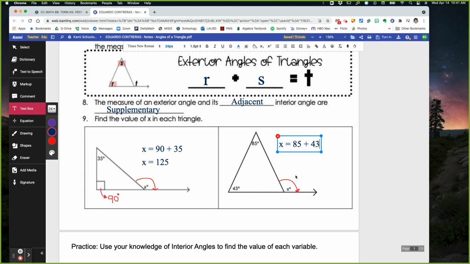Correct. You would add those up. So x equals whatever the sum is for those. So what is that? If I add up 85 plus 43, how much is that?